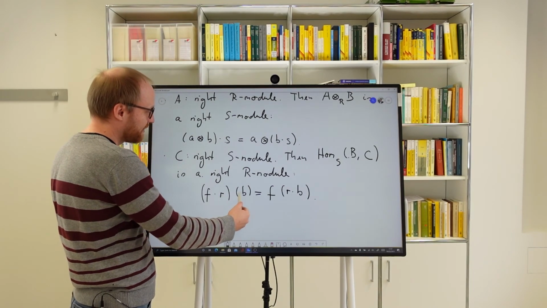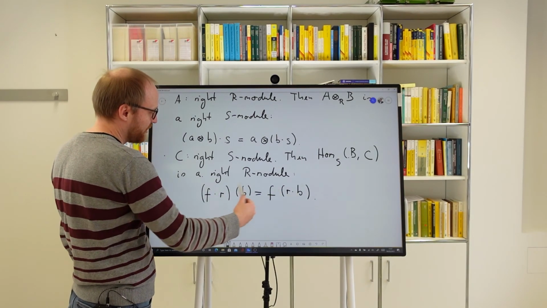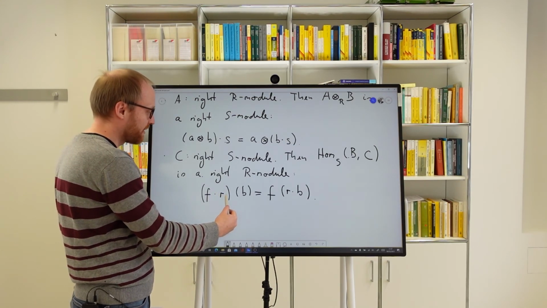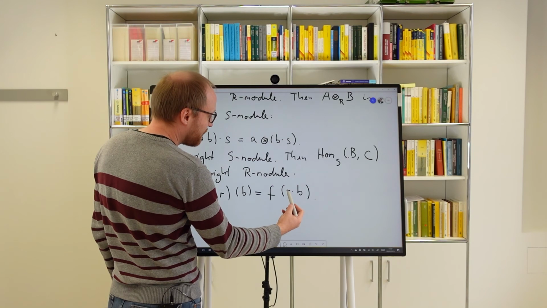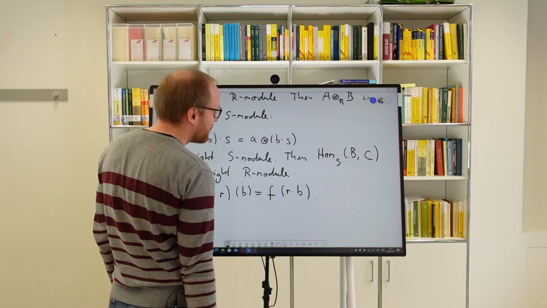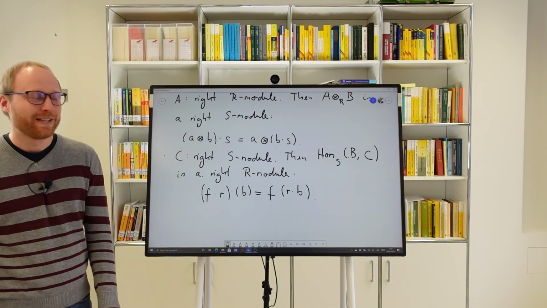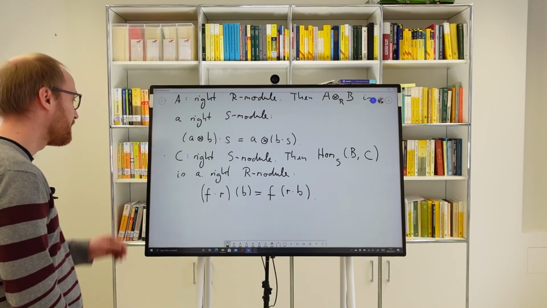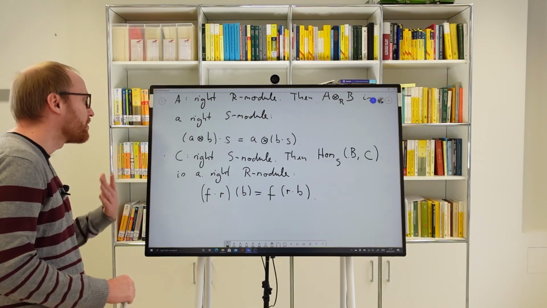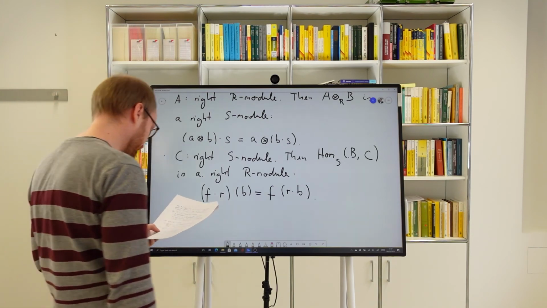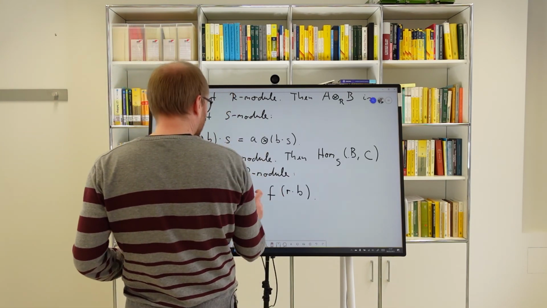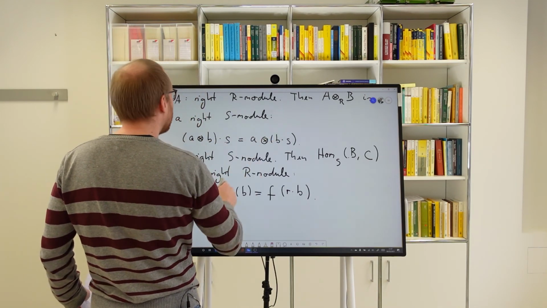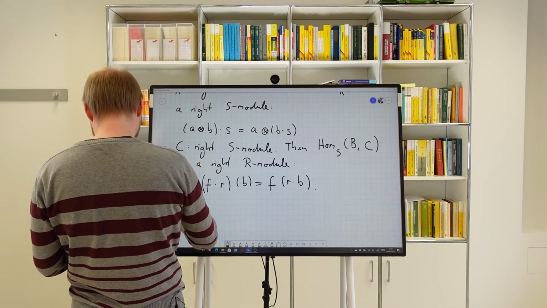The reason is that, formally, we have just switched parentheses here. If you multiply with the product R1 times R2 here, then we would have R1 times R2 here, and you can just change parentheses to make this requirement of a right module work. So this gives the right R module structure on the Hom set, as well as before we had the right S module structure on the tensor product.